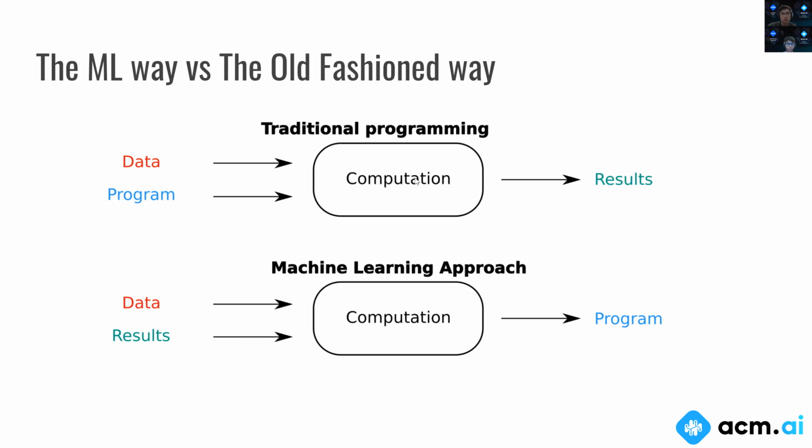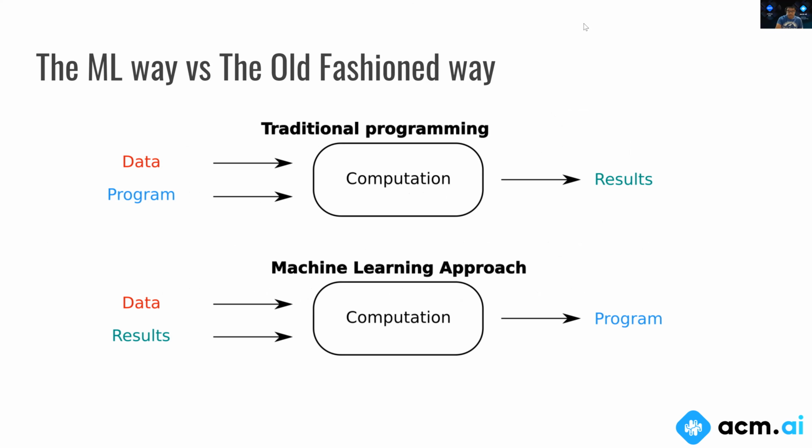All right, so this slide gives you an understanding of how machine learning is a little distinct from traditional programming. So in traditional programming, oh wait, I see a question.